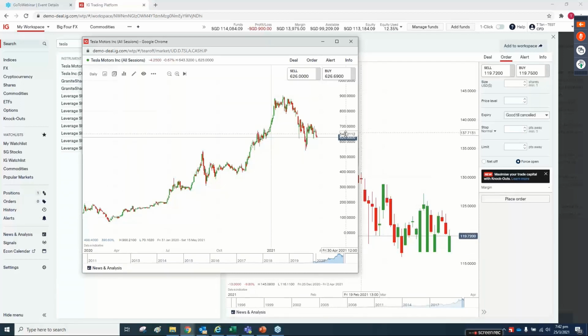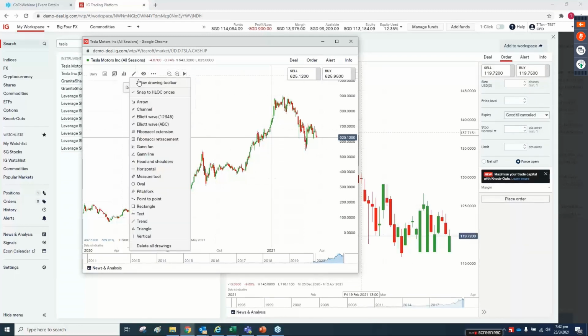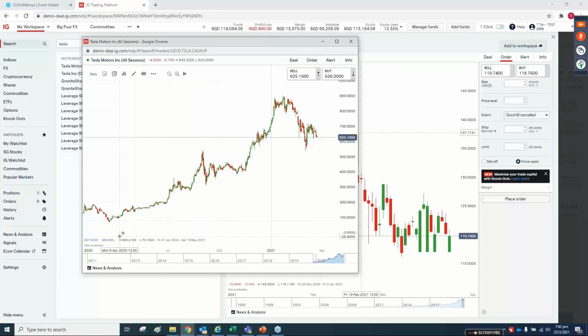Right now it's about 10 times that. But the thing is that it actually reached a high of about 900 and came down to about 539. So in this case, I would really want to draw in the Fibonacci first to see where we are at right now.